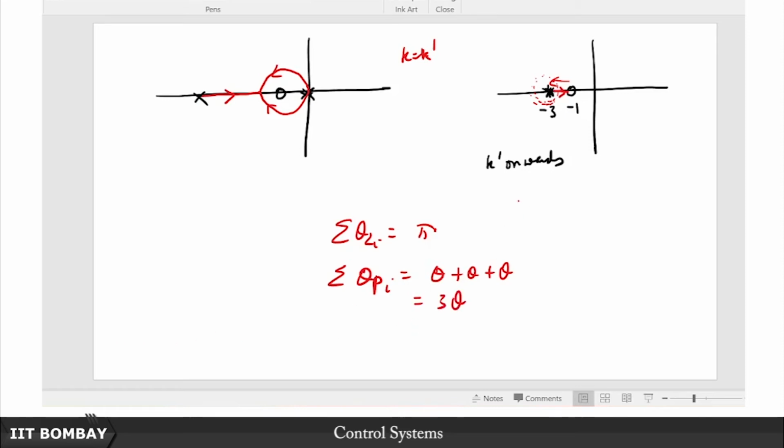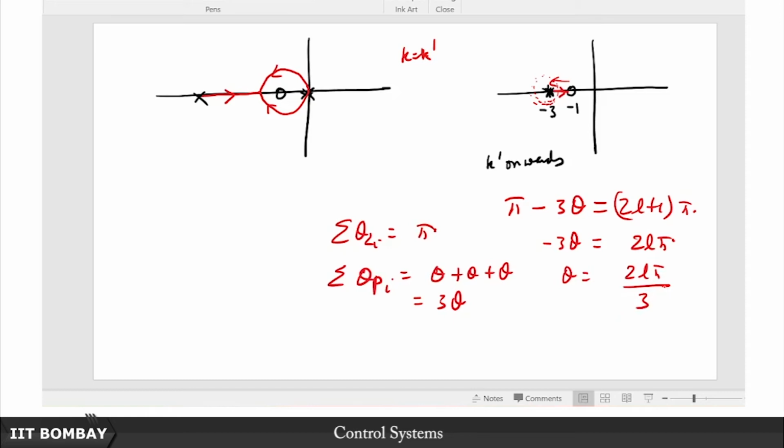Now applying the angle criterion I get pi minus 3 theta is equal to (2l+1) pi. So therefore I get minus 3 theta is equal to 2l pi, or theta is equal to 2l pi by 3, okay.